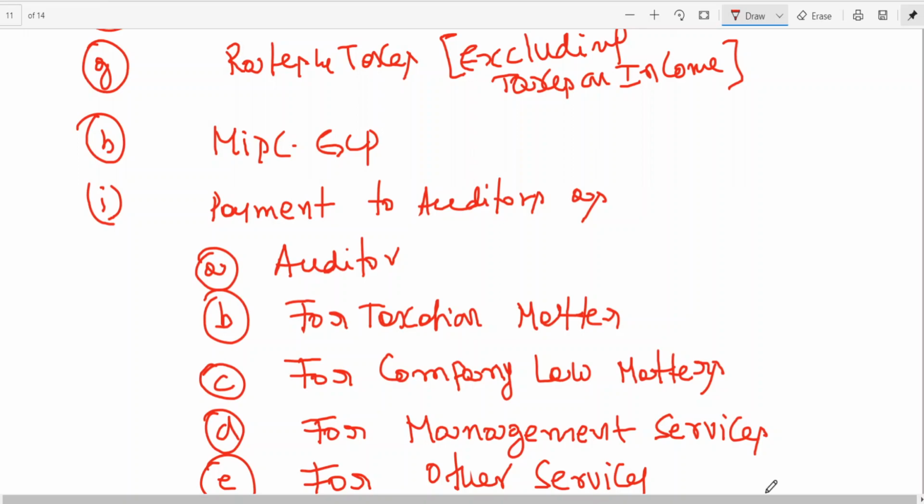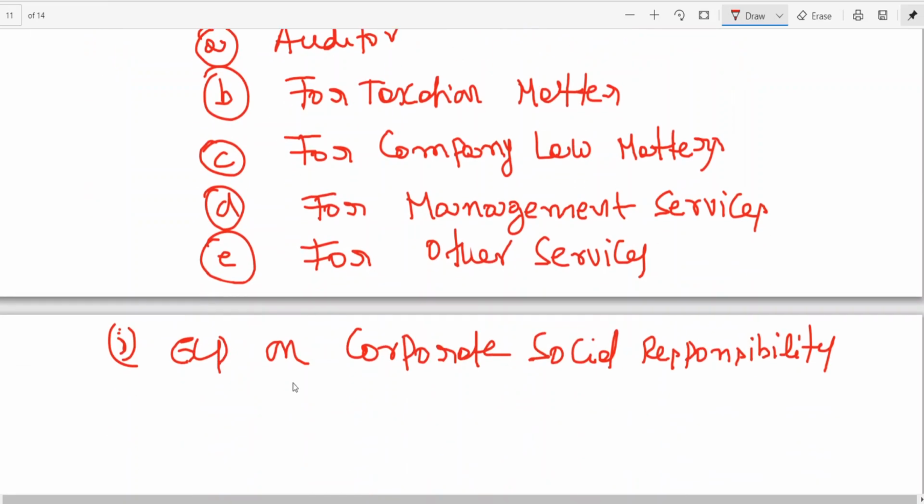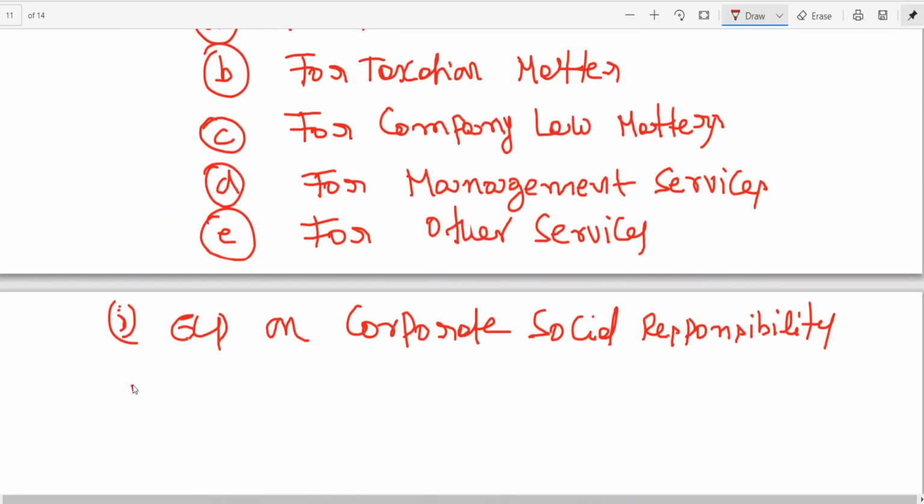You following, all of you? Any other items are there, like provision for bad debts? It can be taken here. Like I am writing here, provisions, if you feel material.